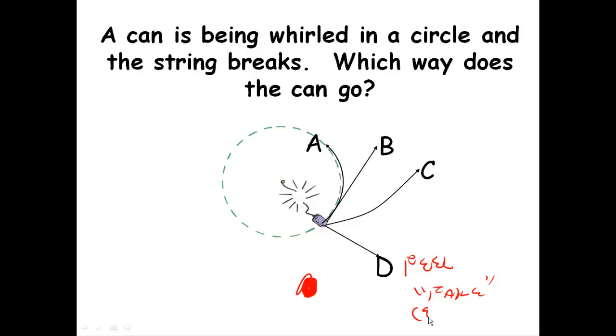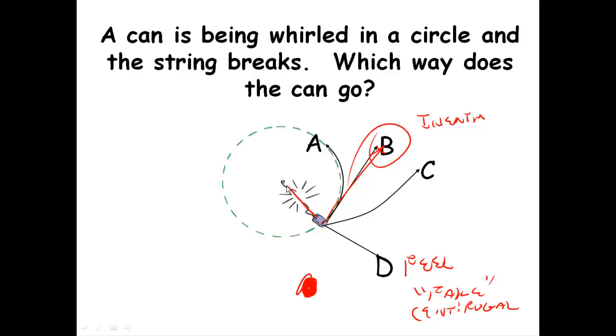That's centrifugal. But B is real. You would actually do that. That's your inertia. Right? You want to go off in a straight line, constant speed.